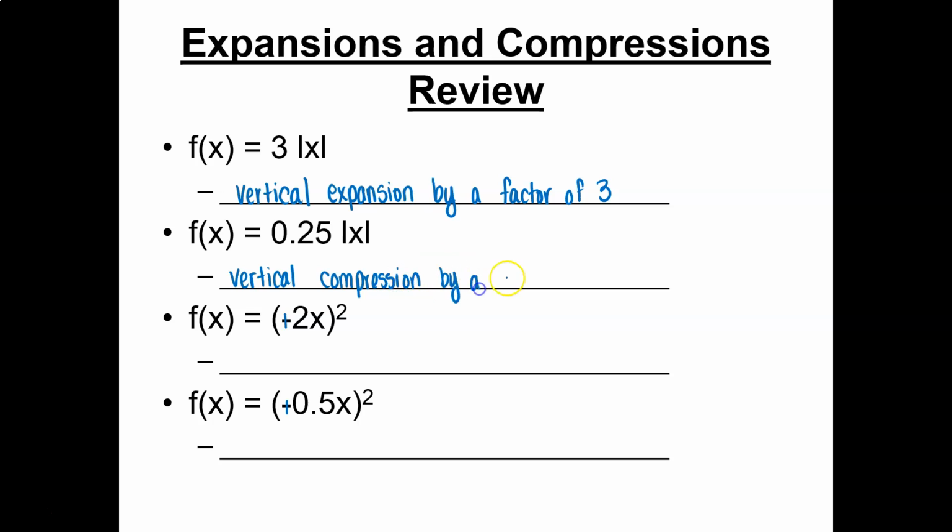By a factor of 0.25. So, compression, this is a small number between 0 and 1. It's going to squish that graph down. All right, Caleb, what about the next one? Good.